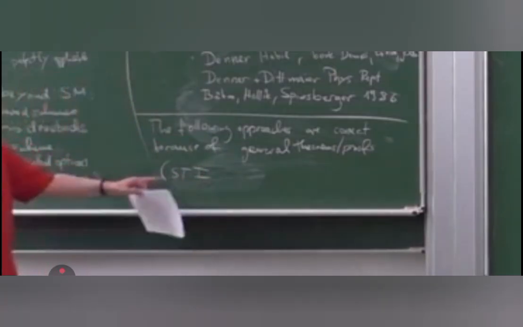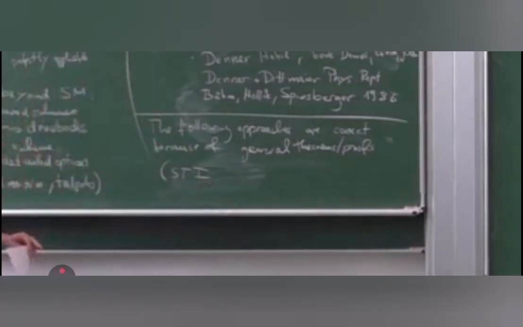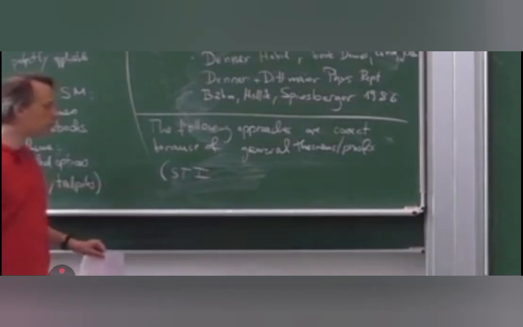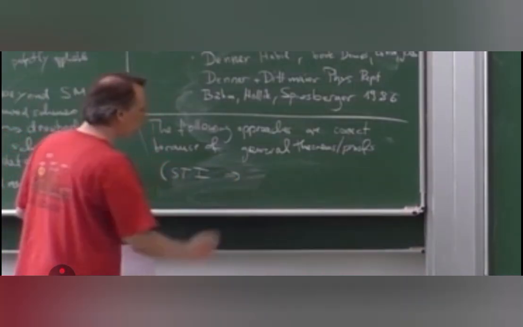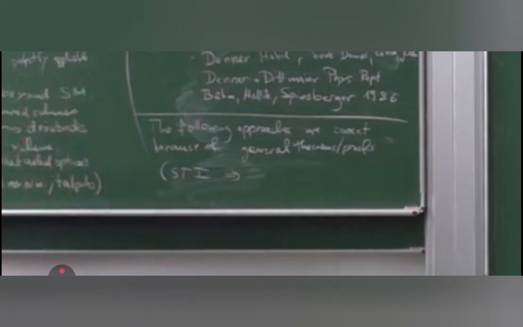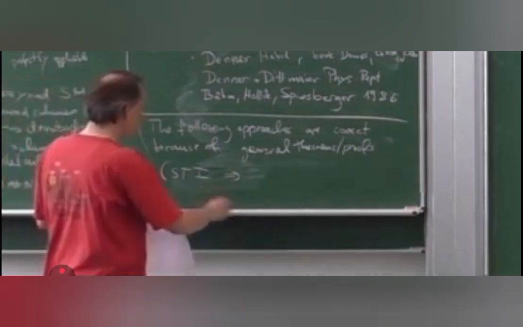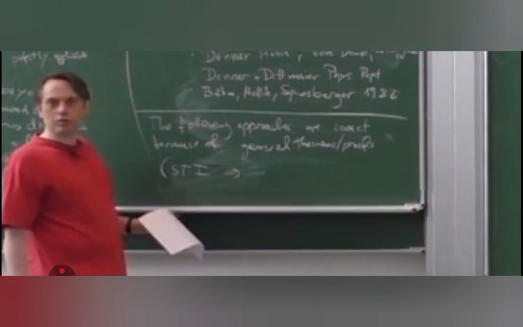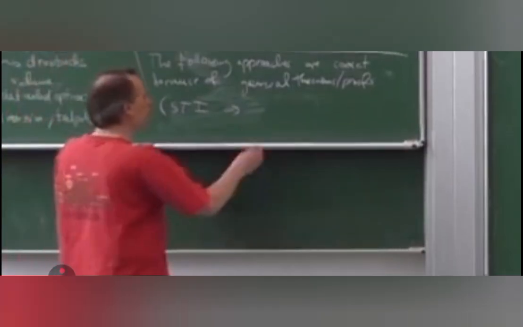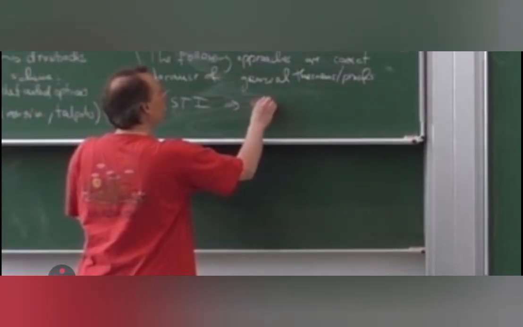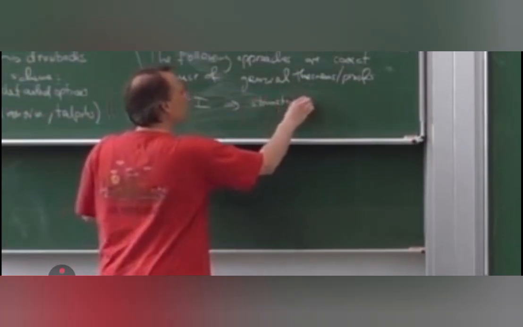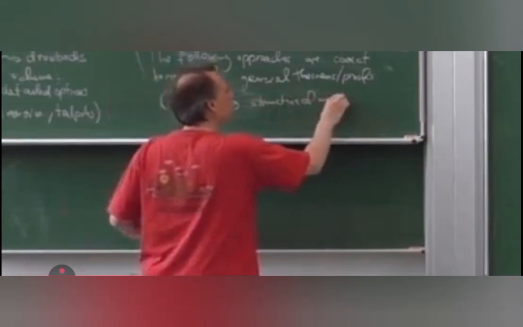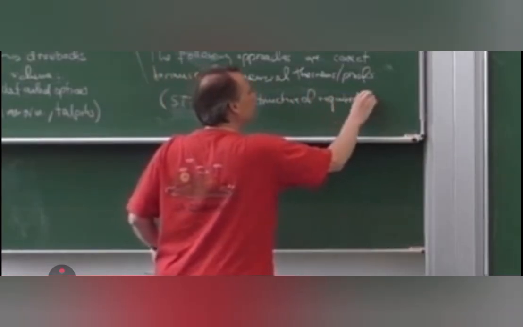Slavnov-Taylor identity which describes BRST and gauge invariance on the quantum level is required, and it can be proven to be valid at all orders. And once it is valid, it governs the structure of the required and sufficient counterterms.